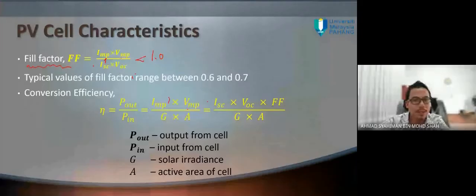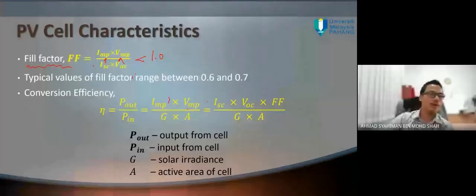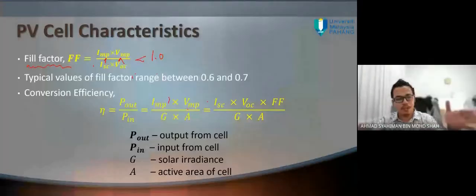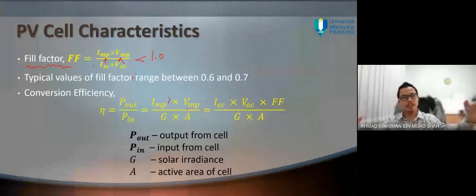So whatever it is, it will be less than 1, must be lesser than 1, which is logical. It cannot be 1 because the IMP, like I told you, in most cases is less than ISC, and the VMP is less than the VOC. So the fill factor means the ratio of the range of the maximum power to the highest range.